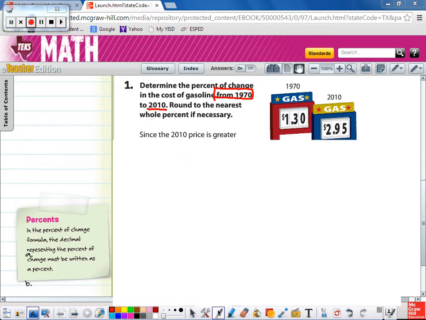So I need to find out how much it increased by. The first thing I'm going to do is take my $2.95, which is my 2010 price of gasoline, and subtract the price from 1970, which was $1.30.